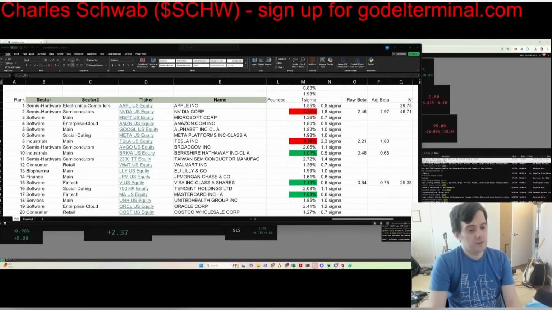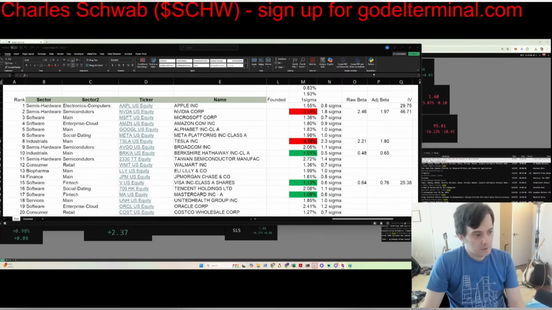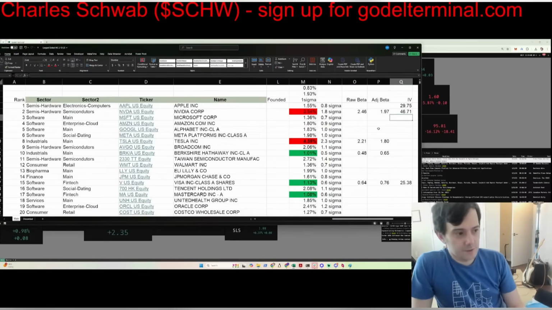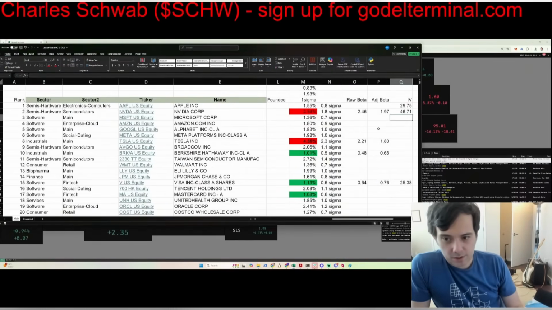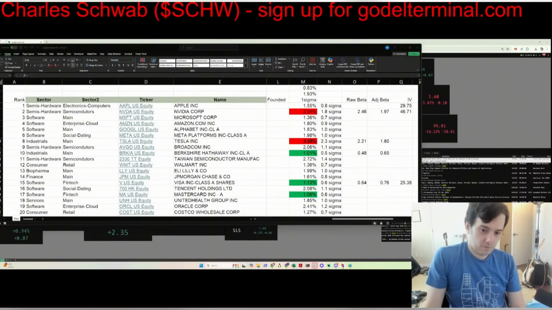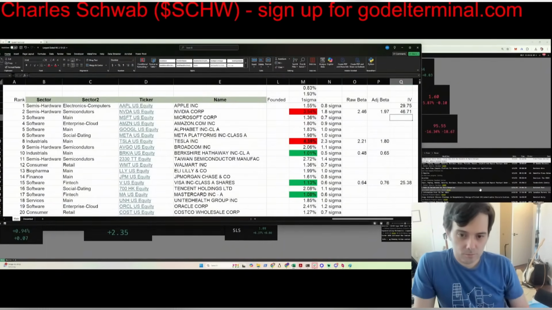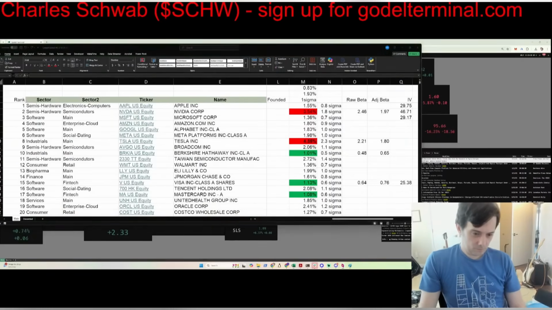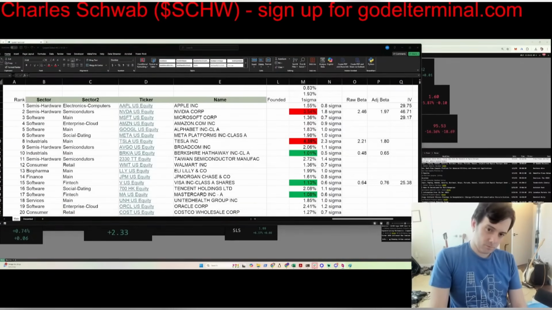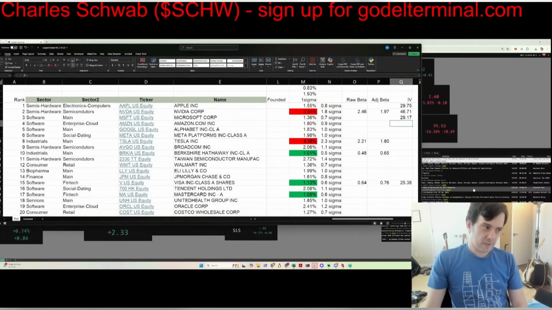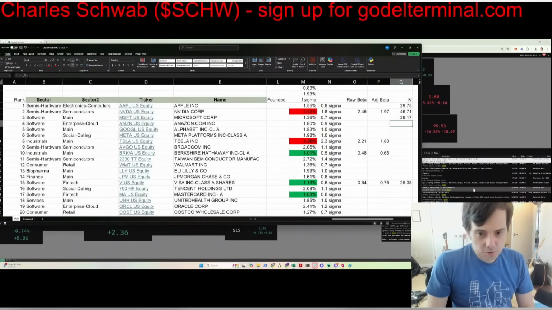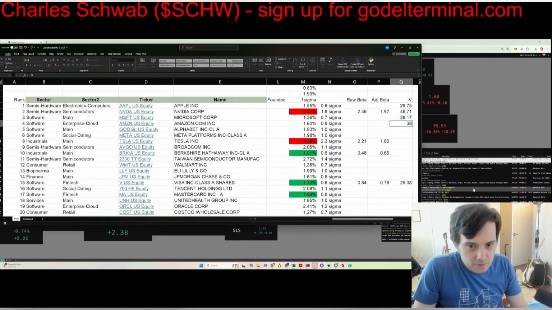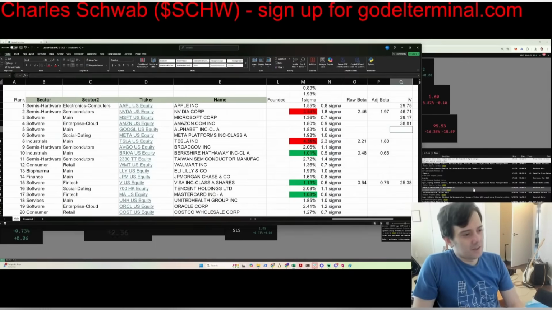It's interesting how low the implied vol is for NVIDIA. It's a lot lower than I thought it would be. That could actually be a clue. Look at Amazon's implied vol.